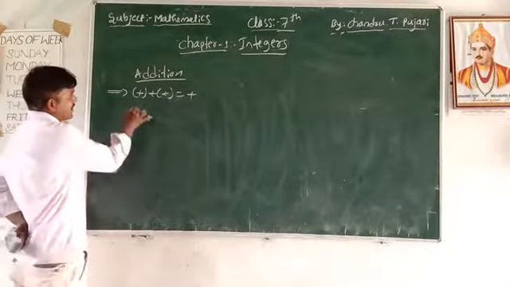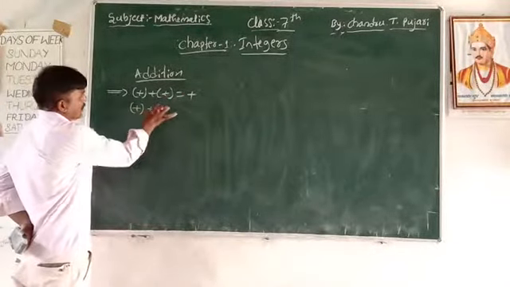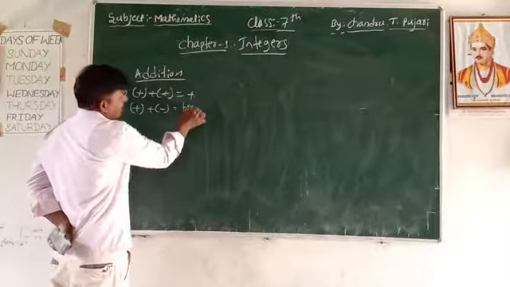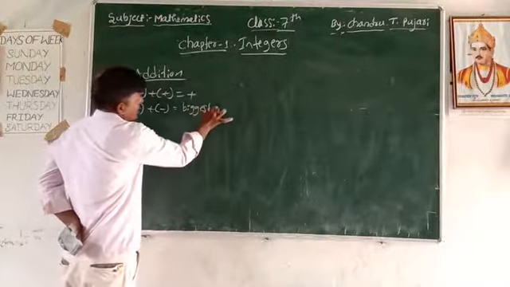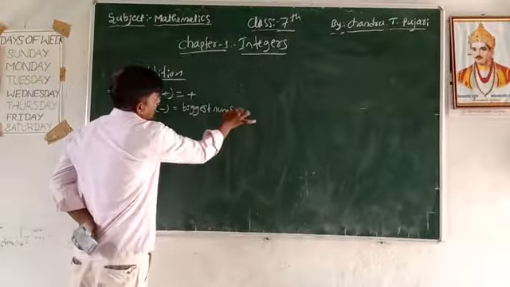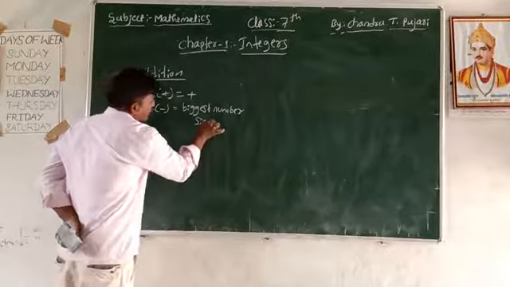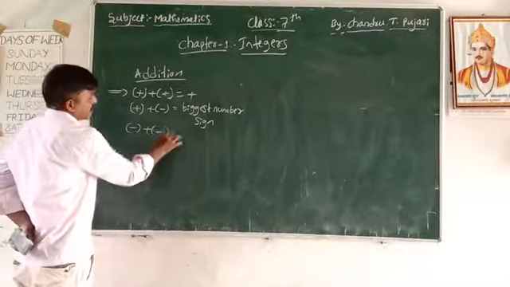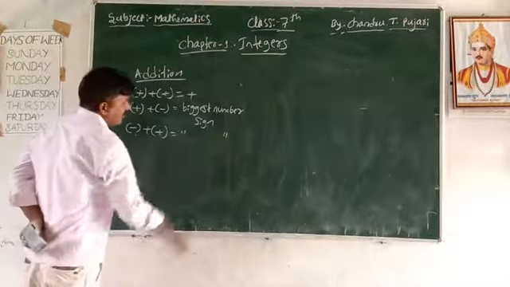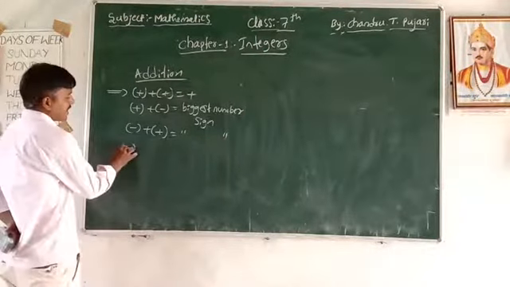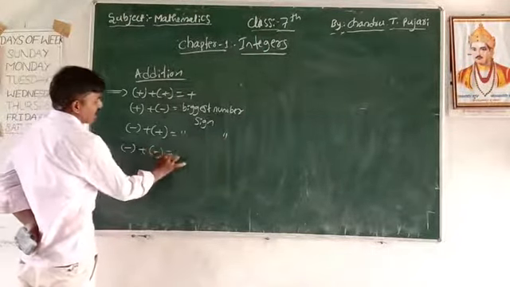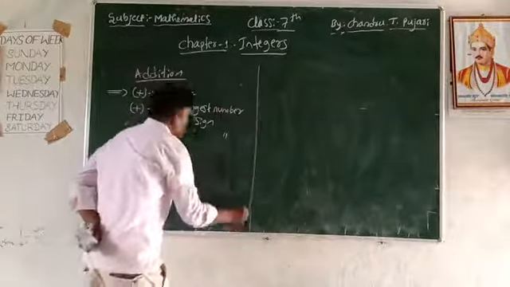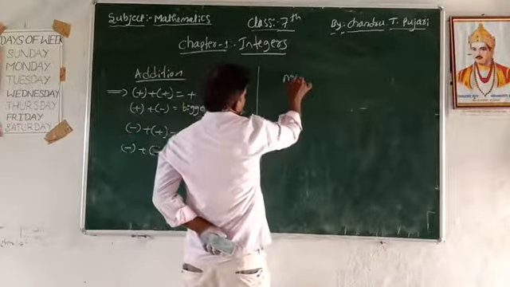The next, plus minus is equal to the biggest number's sign. The next, minus plus is equal to again the biggest number's sign. Next, minus minus is equal to minus. This is the addition rule. Next, multiplication rules.